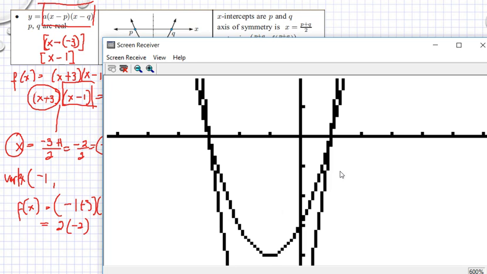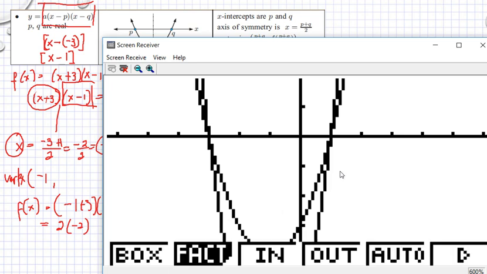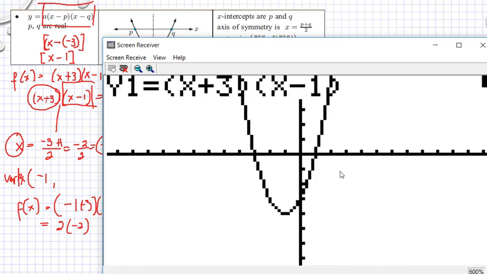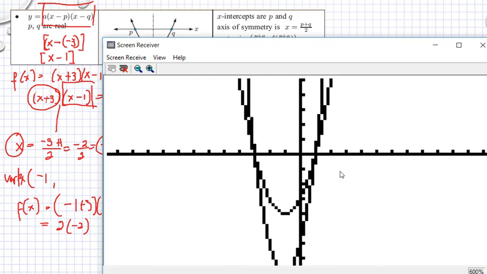Maybe I can zoom out so that you can see. Okay, you can see there now. My axis of symmetry is the same. My zeros or my roots are the same, but the vertex and my y-intercept are not the same.